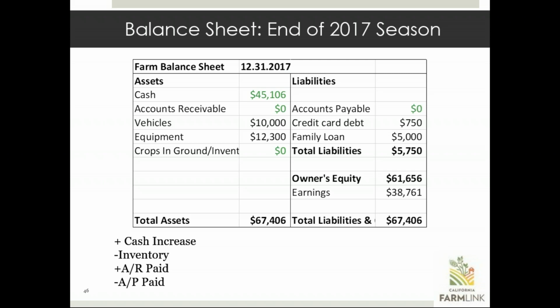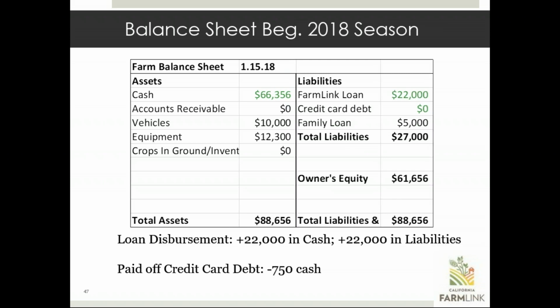So those were things that didn't appear on the balance sheet at the beginning of 2018. Okay, and then if you would go to the next slide. Actually, so balance sheet beginning of 2018, I think it's 2 slides ahead.